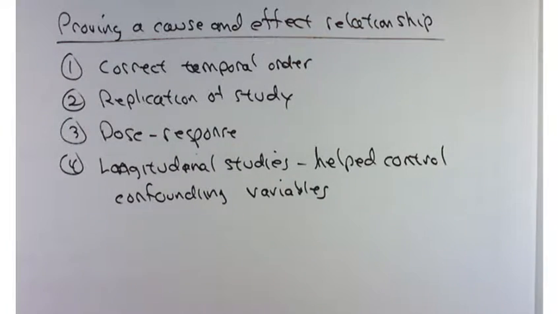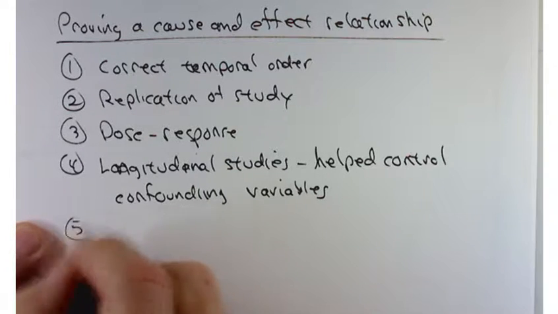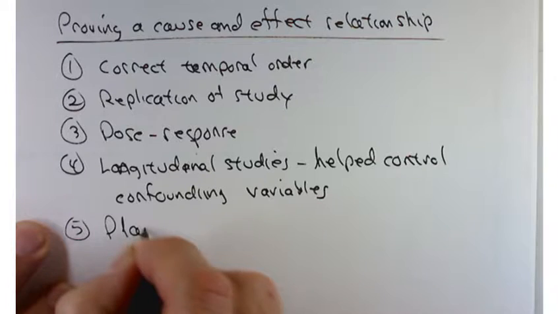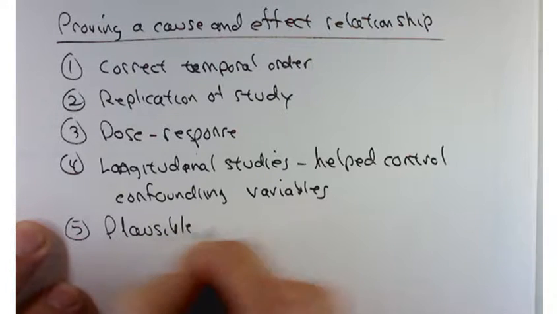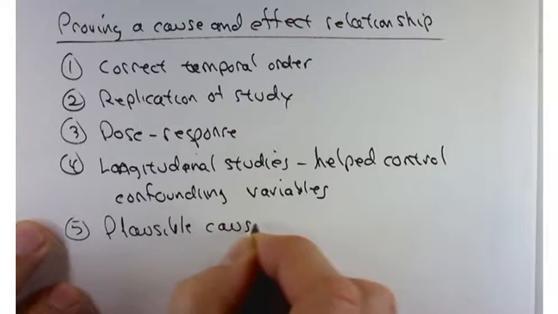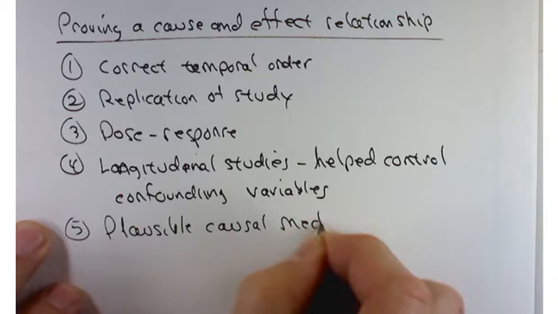These are other variables that might interrupt the causal relationship between two variables. Let's see, temporal relationship, replication study, dose response. Oh, and last but not least, you should have a plausible causal mechanism. You should be able to explain the result.